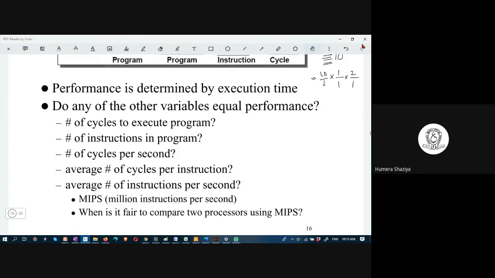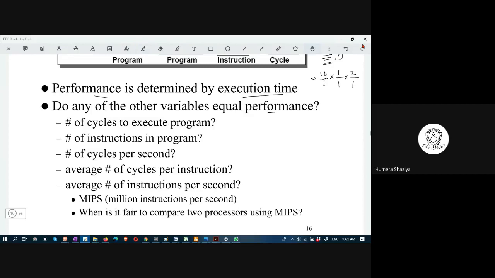So performance is determined by execution time. Performance of a computer or of a program means how much time it is taking for execution. Do any of the other variables equal performance? The question here is, besides execution time, what other variables are equal to the performance?